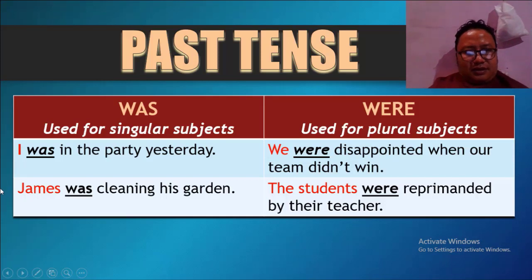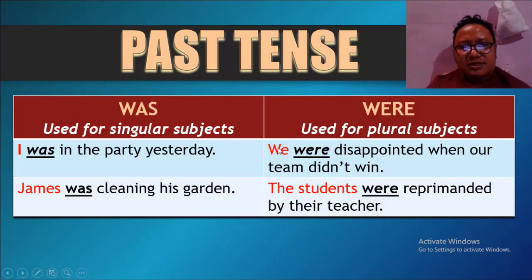Okay. And were is used for plural subjects. So here the subject and the verb have to agree. We were disappointed when our team did not win. We is the subject and it's plural, so we are using were here.